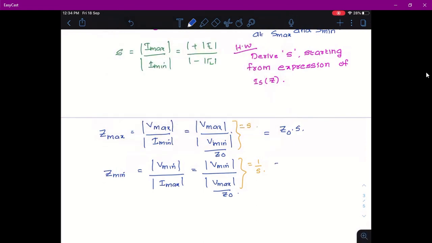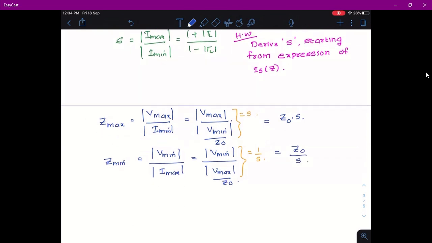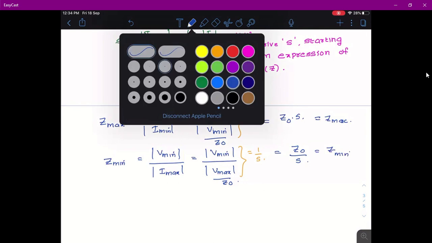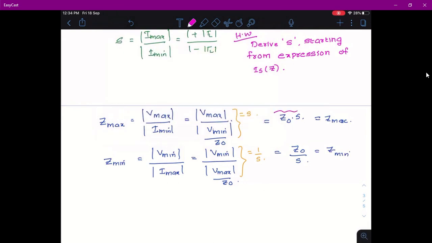So, I can write this as Z0 by S. So, these are two important relations where the maximum impedance is related to the characteristic impedance and VSWR or SWR. Similarly, the minimum impedance is also related to characteristic impedance and VSWR.